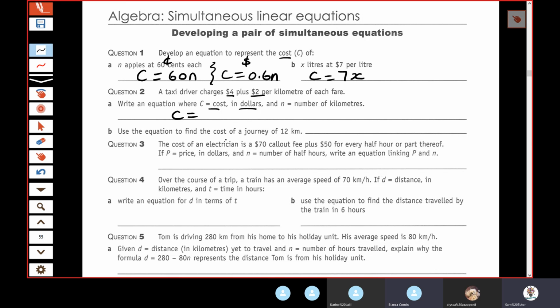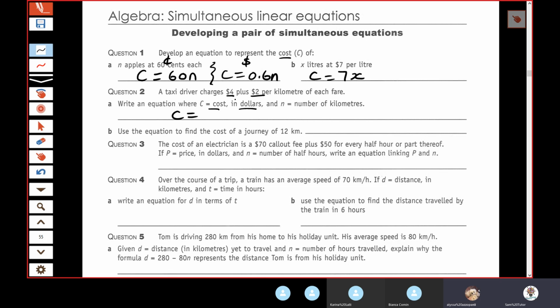So C equals. All right, Bianca, you might as well go first. C equals travel charges $4 plus 2 plus... I'm not sure. That's okay. Alyssa, you want to try it?